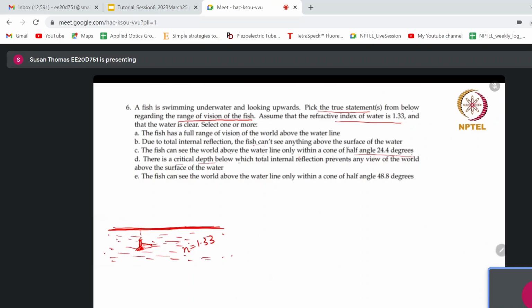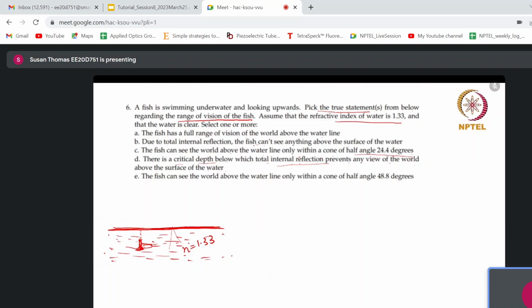There is a critical depth below which total internal reflection prevents any view of the world above the surface of the water. So is there a critical depth below which there is total internal reflection, that means say the ray is traveling back and there is no view of the world above the surface of the water.